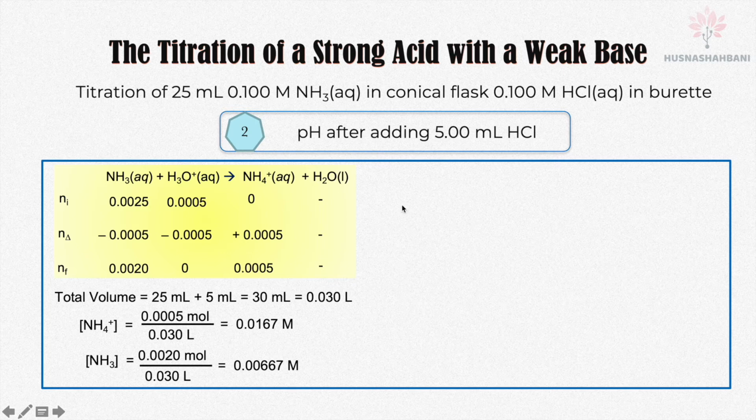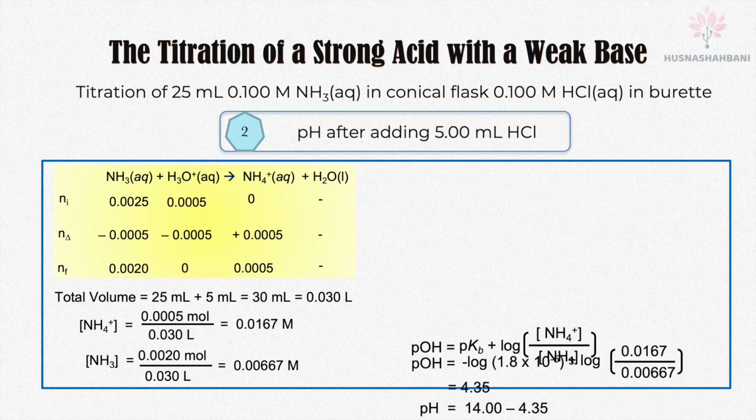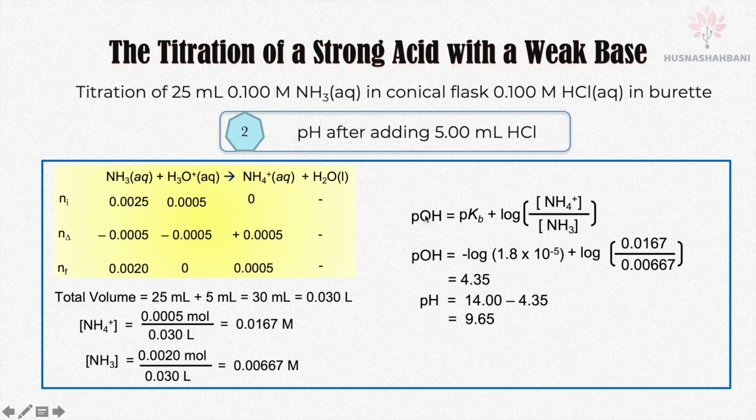For buffer solution, to calculate the pH, we use the Henderson-Hasselbalch equation. pOH equals pKb, because we are using weak base, so pOH equals pKb plus log salt over weak base, or you can put the conjugate acid concentration over the weak base.